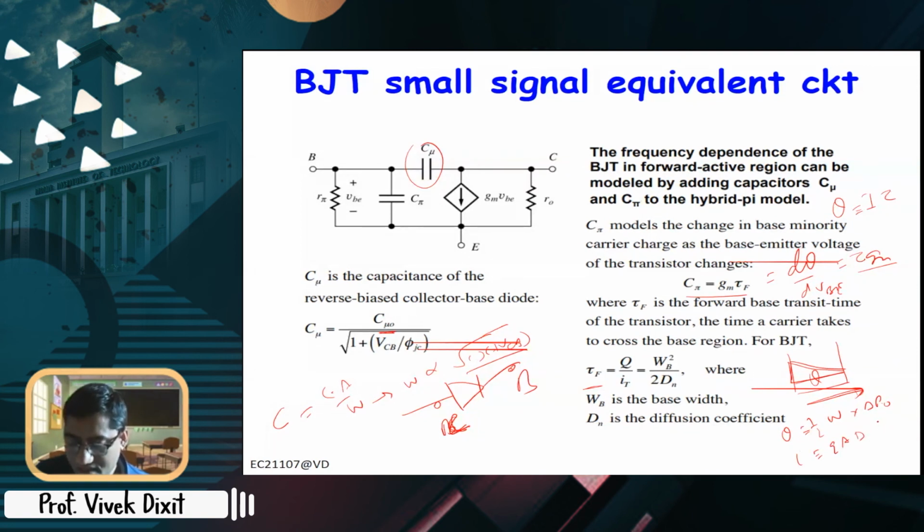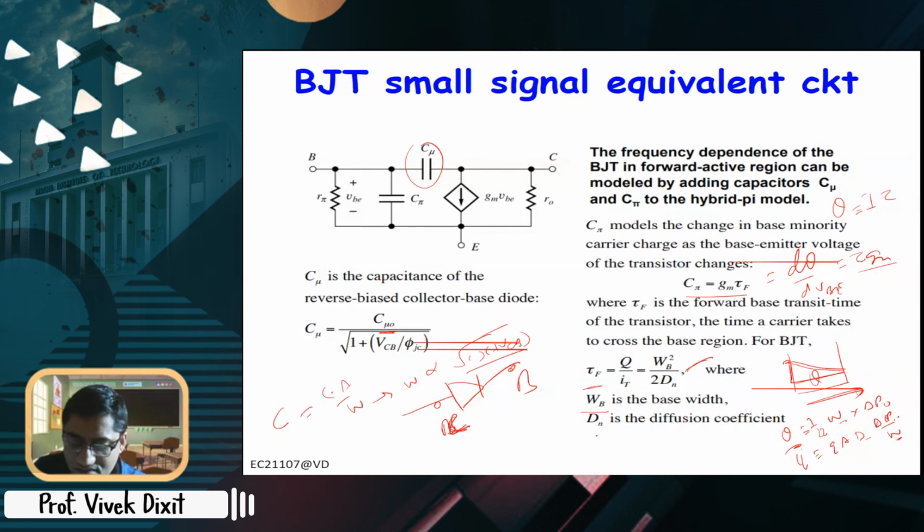The dp by dx will be delta p naught, the maximum value, divided by W. If you take the ratio of these two, q over I, you will get W square by 2D. So W_B is the effective base width, and D is the diffusion coefficient.